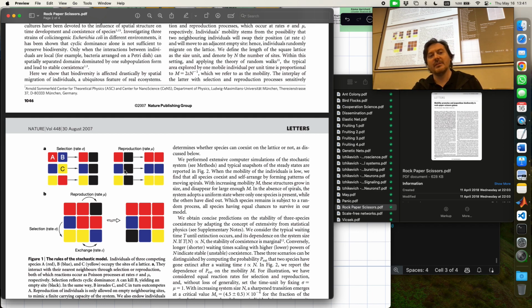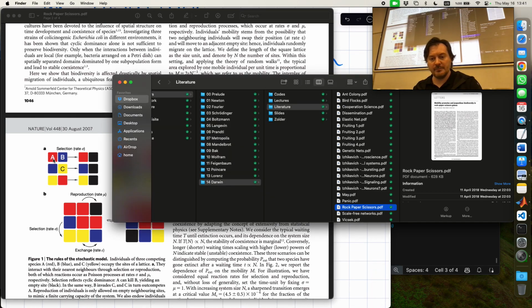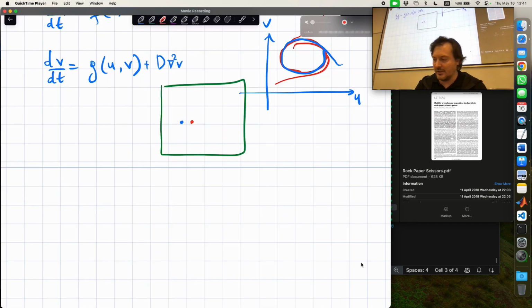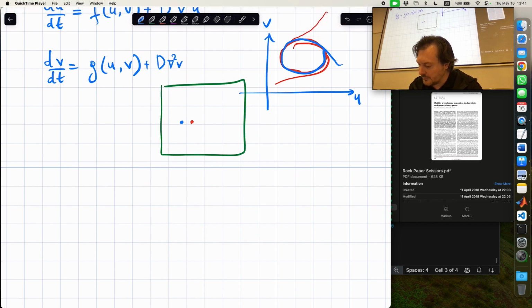Yes, very good. So how does rock, paper, scissors work? A wins over B, B wins over C, C wins over A, right? So if you put it in a differential equation, you can imagine that, and if you put some diffusion in it, you can imagine that it will form spirals like so.